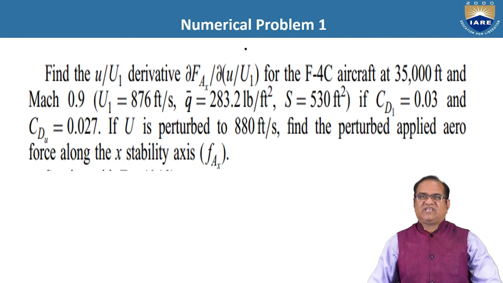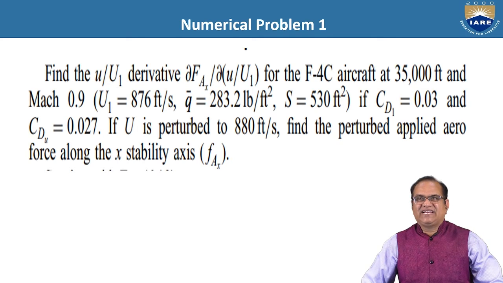I will first explain the question again. We have to find the u by u1 derivative, the force derivative in the X direction, dou FAX by dou u by u1, where the Mach number is 0.9. At this Mach number, the speed of the aircraft U1 at steady state is 876 feet per second.